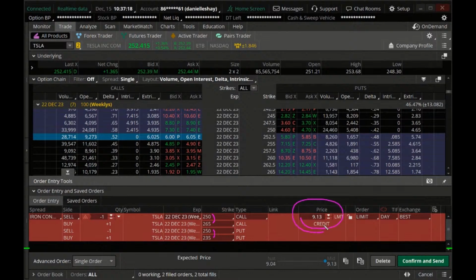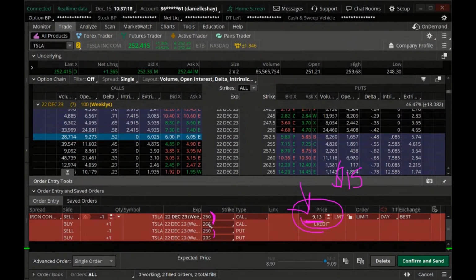And you're getting a credit of $9.13. So when you get that credit of $9.13 and you have a risk that is $15 wide, the most that you would ever have to buy this back for if things went terribly wrong, you would have to pay $15 to get out of one side, because it can't go through both sides, right?